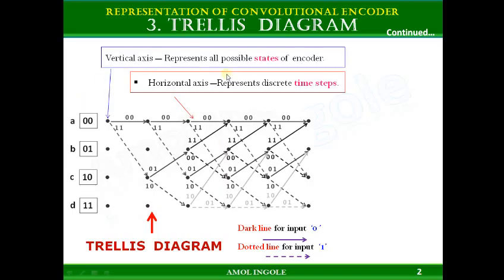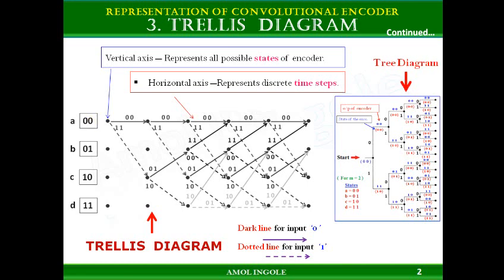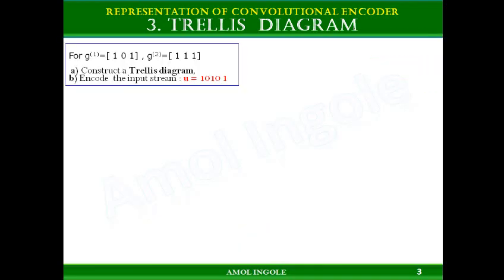Vertical lines are used to represent the possible states of the encoder. This is one example showing 4 possible states. If you compare this with the tree diagram, this is how a tree diagram looks, and this is your trellis diagram. To understand how this trellis diagram is constructed, we're going to consider one numerical.